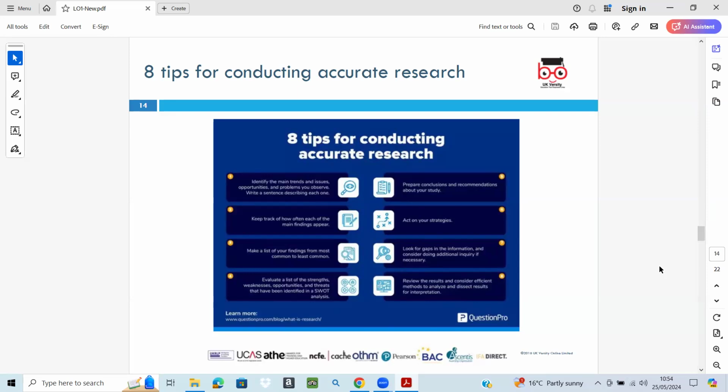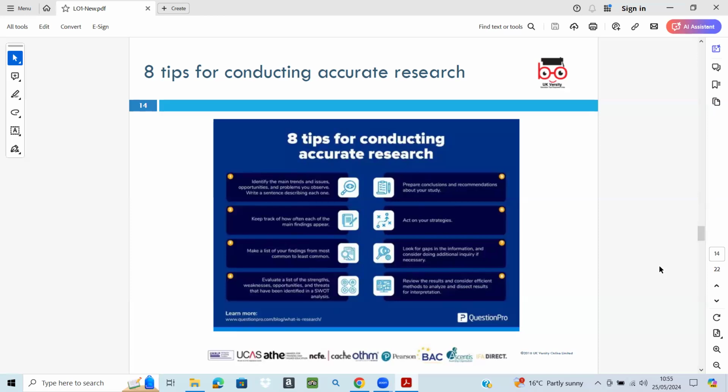Then we can say that we need to use a systematic approach. By following a systematic approach to data collection and analysis, we need to organize our data effectively, use appropriate methodologies, and maintain consistency in our research.